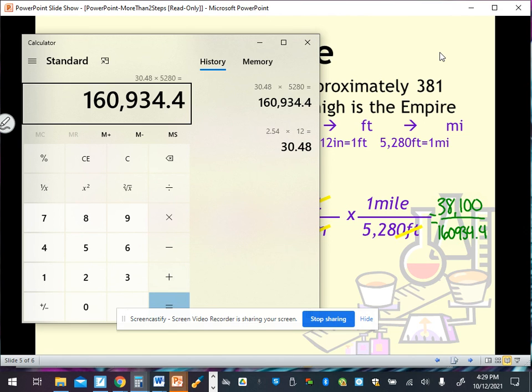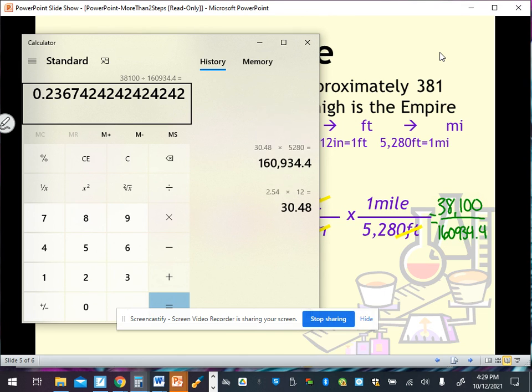Okay. So now when I take my calculation here, I have 38,100 divided by 161,341.44. And this is what I get.